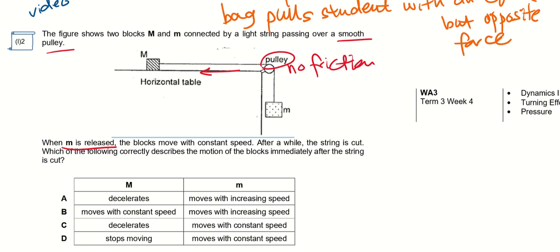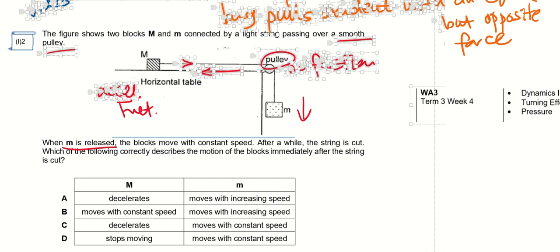Because by right, if small m is released, it's going to fall due to the pull of gravitational force. So by right, M should accelerate, because in order for it to accelerate, there must be a net force. The pulling force is from the weight of small m. So let me just draw this.